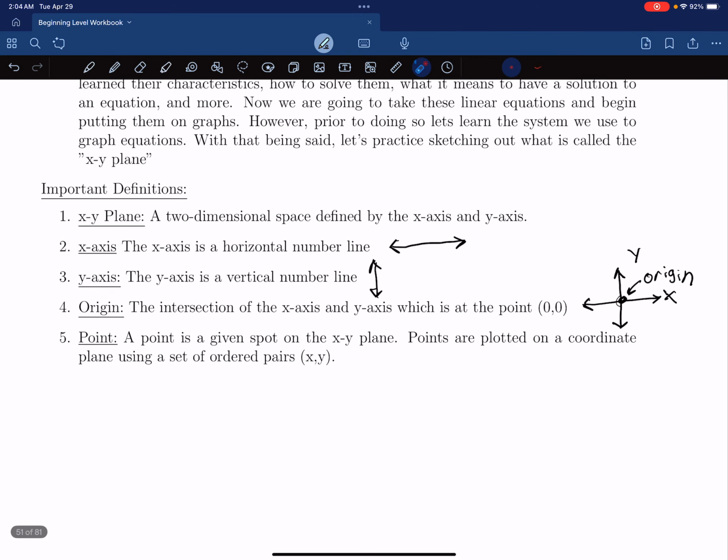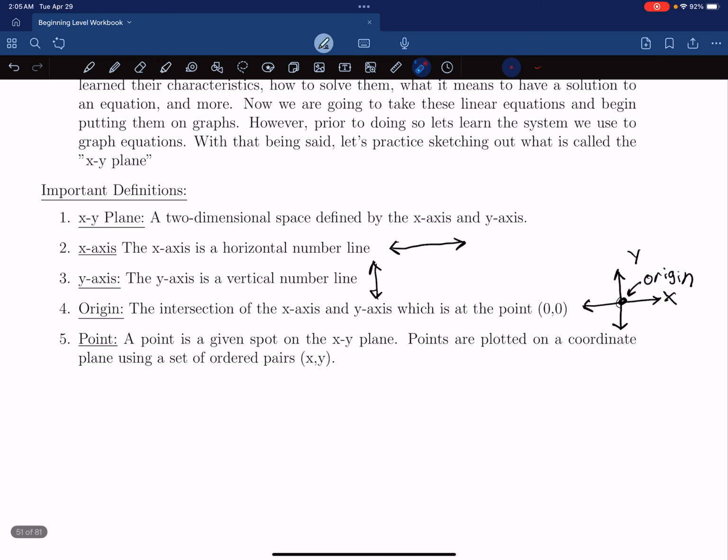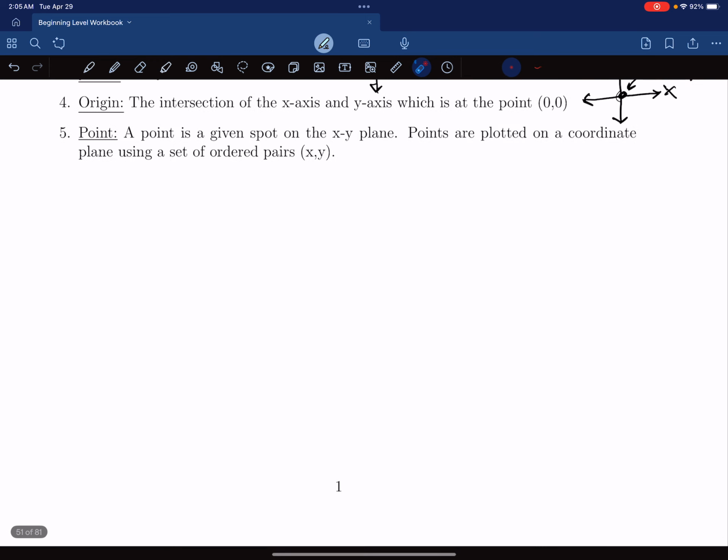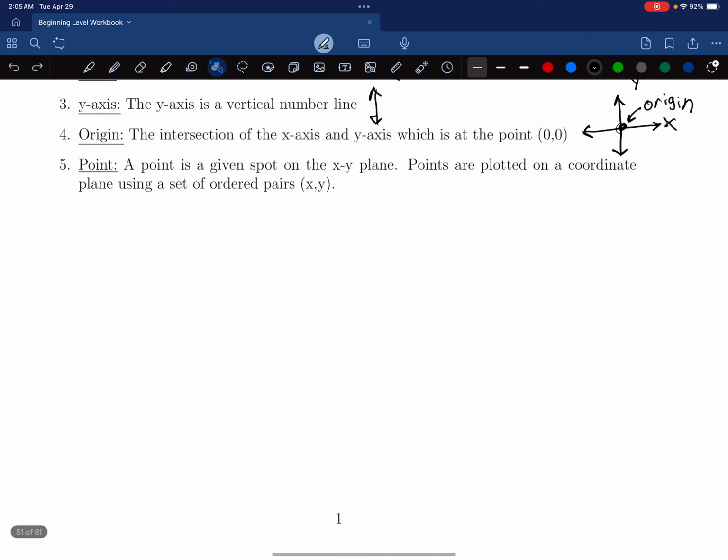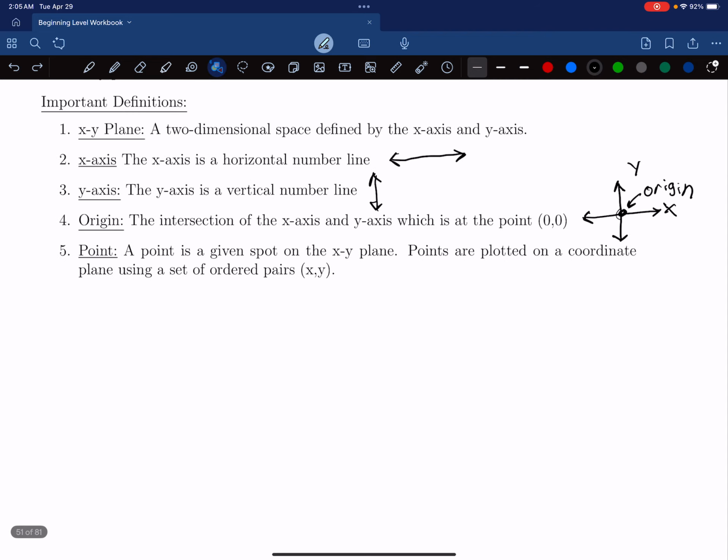So now that we got all these definitions down, let's begin to actually draw out a complete XY plane and see what it looks like and define a couple terms. So I'm first going to start off by drawing out this x-axis here, which is that horizontal number line.